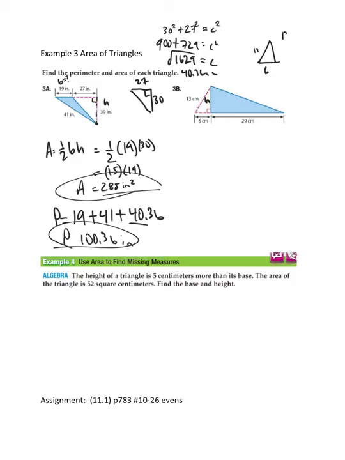We have the hypotenuse, so 13 squared equals 6 squared plus, let's just call that h, squared. 13 squared is 169. 36 plus h squared, subtract 36, 133. Guys, the height is going to be the square root of 133, 11.53.